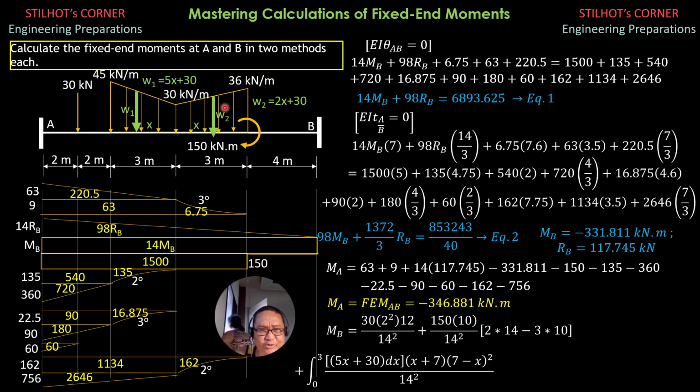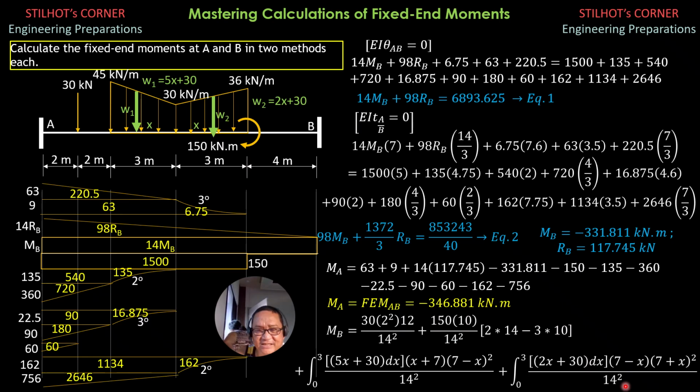So plus W2, integral of 2x plus 30 dx, 0 to 3, again limits, times quantity, this distance would be 7 minus x, then that distance is 7 plus x, quantity square over 14 square.